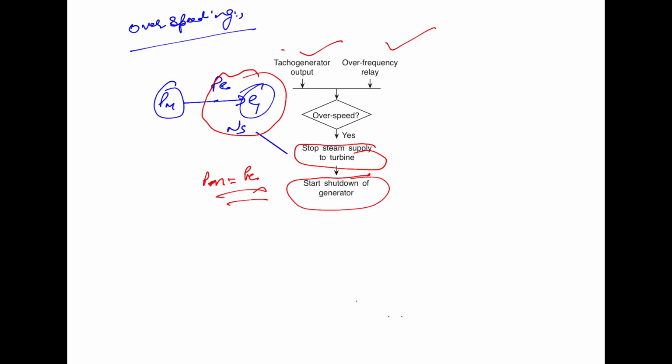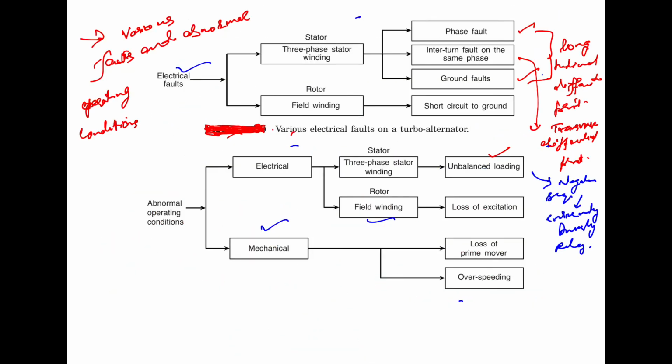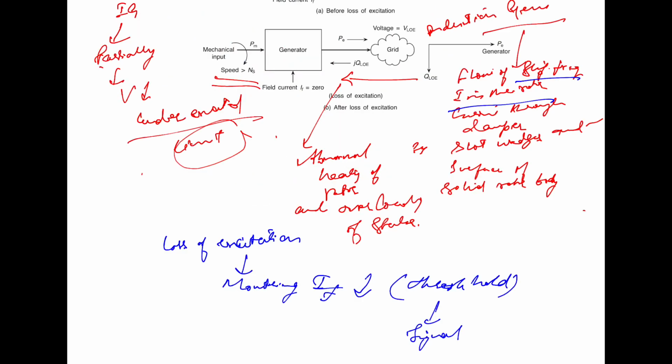Next is the overspeeding. For the overspeeding, a tacho generator mounted on the generator, or the over frequency relay, is used. After that, we have discussed the loss of excitation.